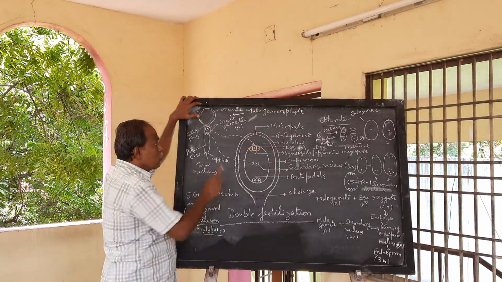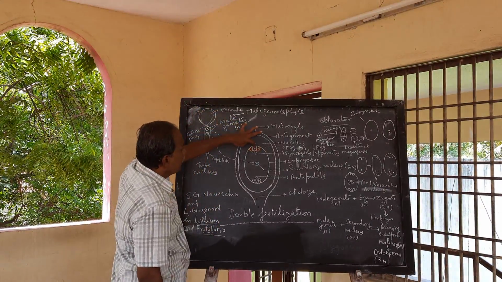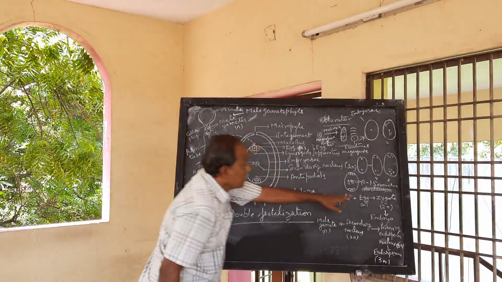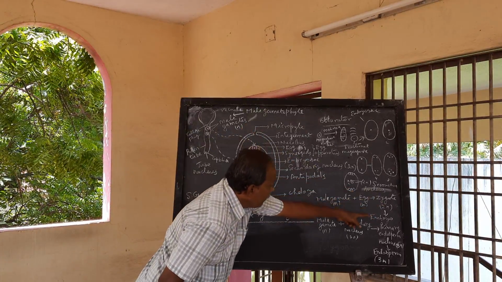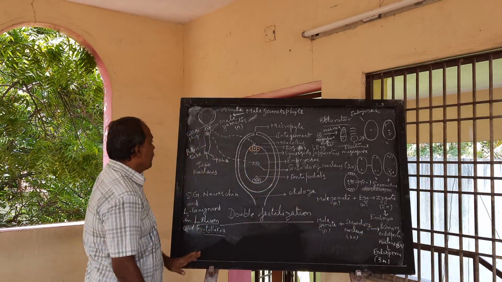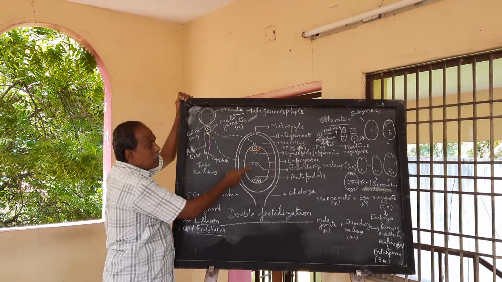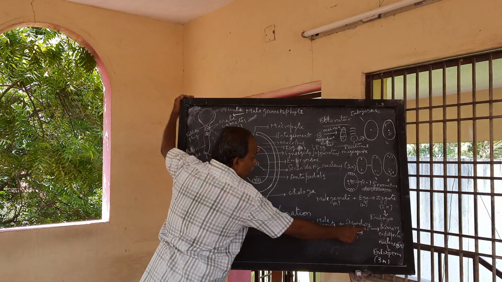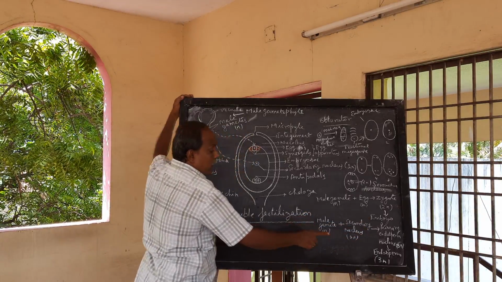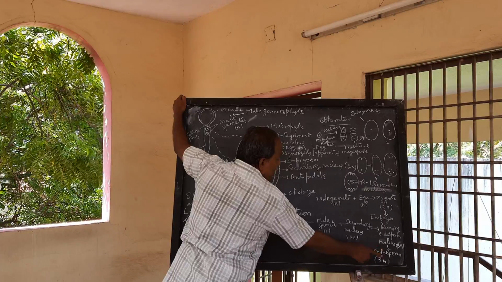Of the 2 male gametes, one male gamete fertilizes the egg, haploid plus haploid, resulting in the formation of a diploid zygote. The zygote develops into the embryo. Another male gamete fertilizes the secondary nucleus to form the primary endosperm nucleus.